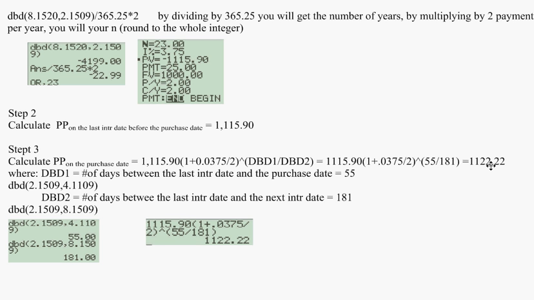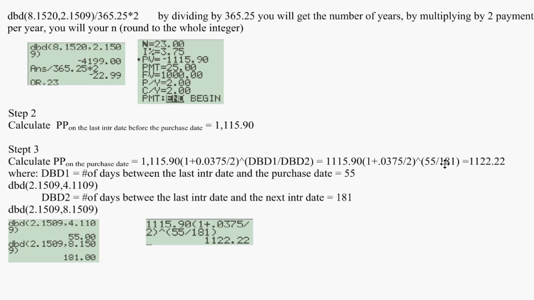So to summarize, we'll do the same thing as before. We'll find purchase price on the preceding interest date, preceding the purchase date, and then we have to find how many days we have between the last interest date and the purchase date, and that goes into the numerator, and then how many days we have in the current interest period, which is from the last interest date until the next interest date, which is basically roughly 6 months later.